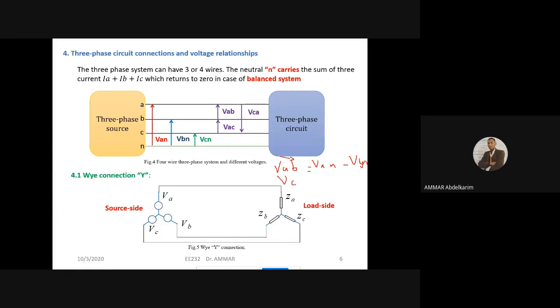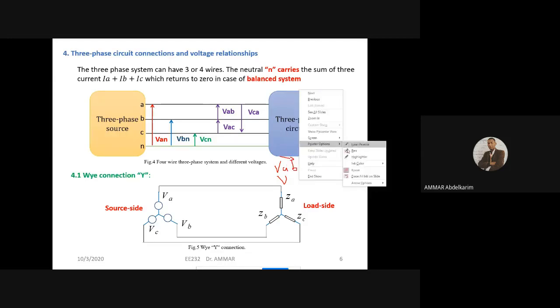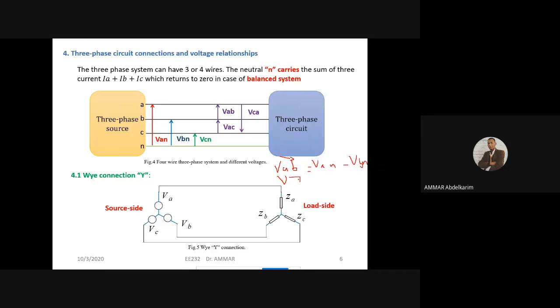And this one equals VBN minus VCN. VBN minus VCN. And we have VCA.